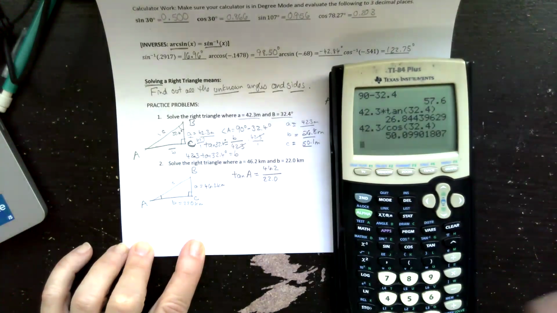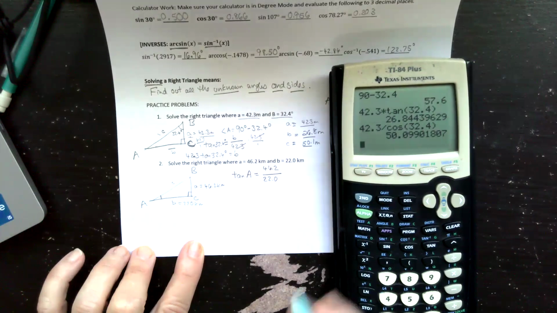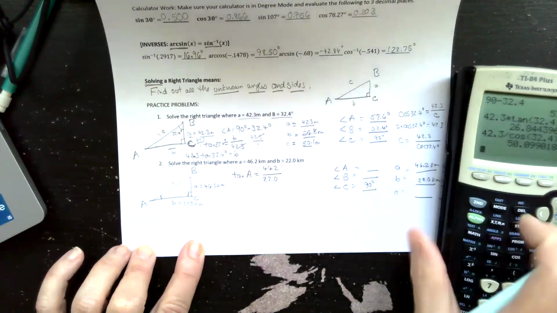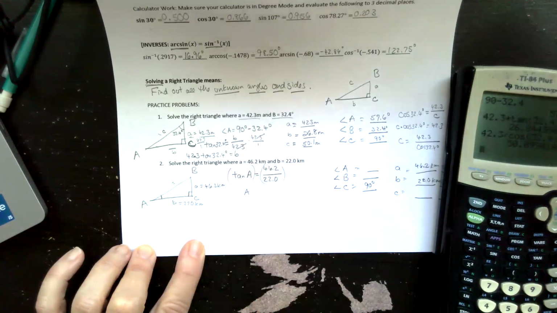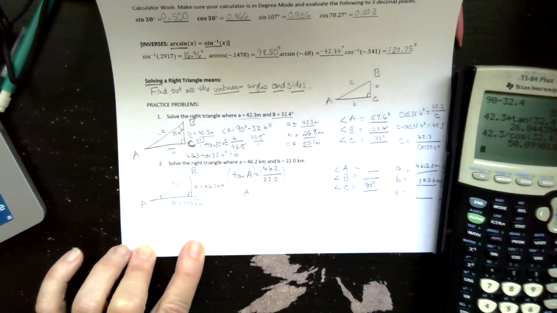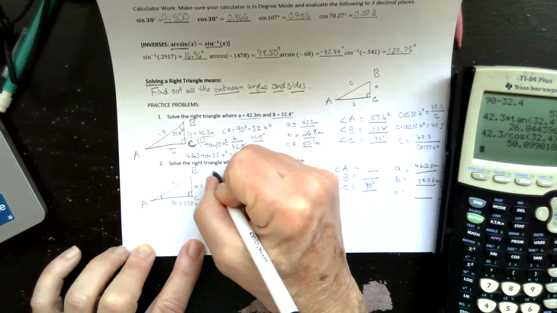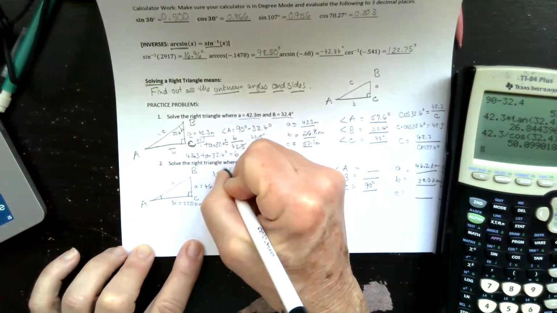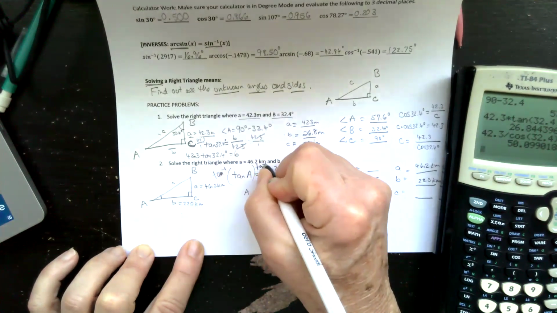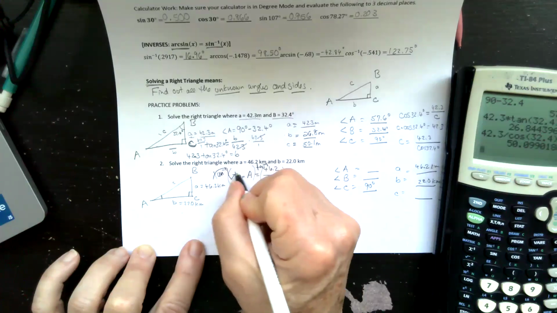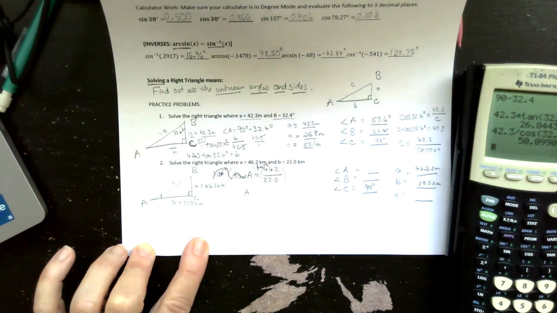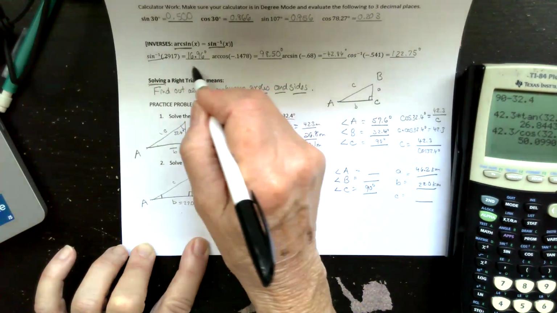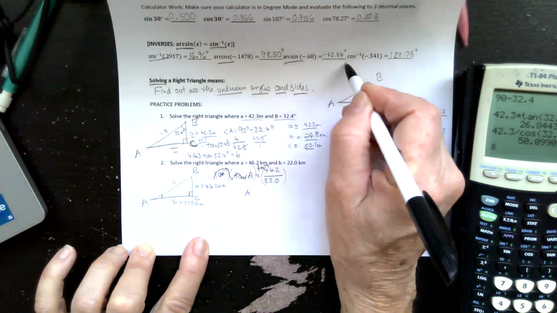So what I'm going to have to do is say, how will I find angle A? I'm going to apply an inverse. I'm going to take tangent inverse. And what this does is it undoes that and it gives me the angle, just like we were practicing a minute ago when we were doing these arc functions.